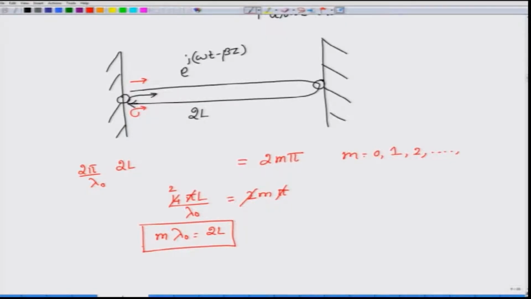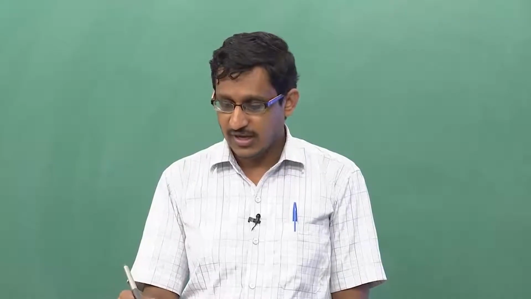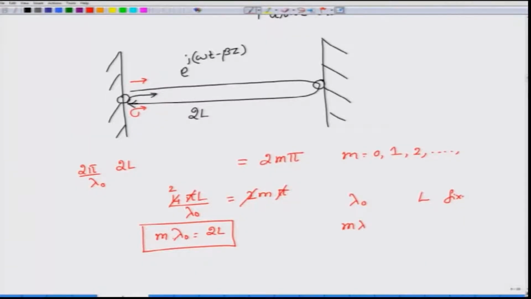If you fix the value of L, then the only possible modes that are going to be present are the ones satisfying this particular condition. So, only the wavelengths that satisfy this equation are going to exist.